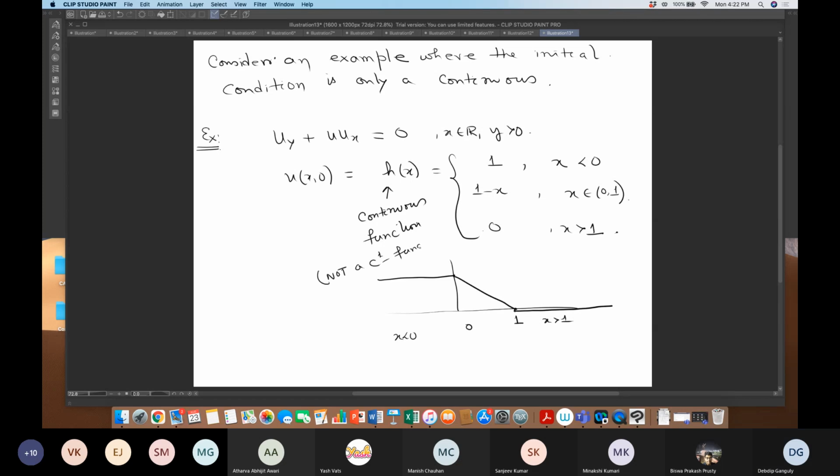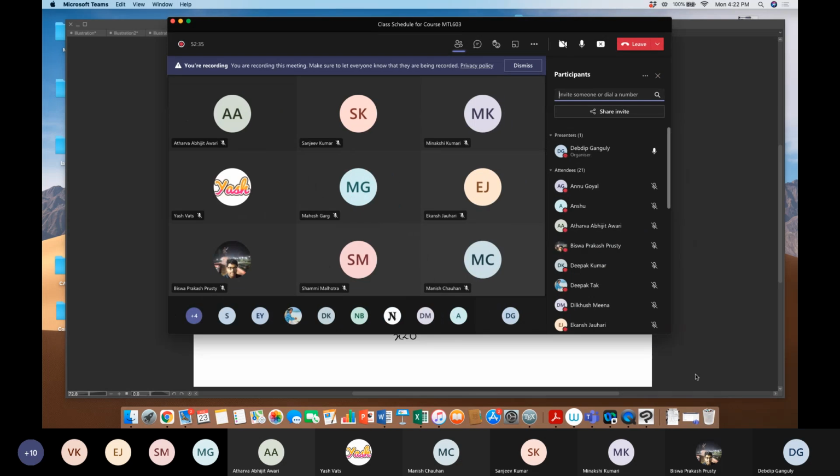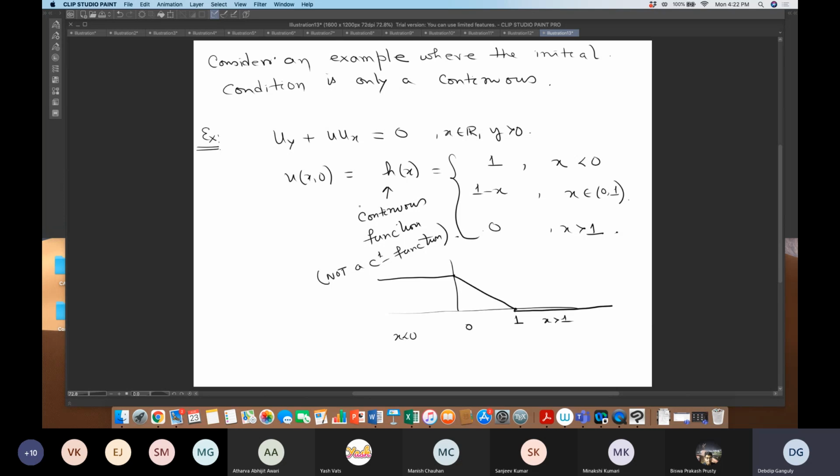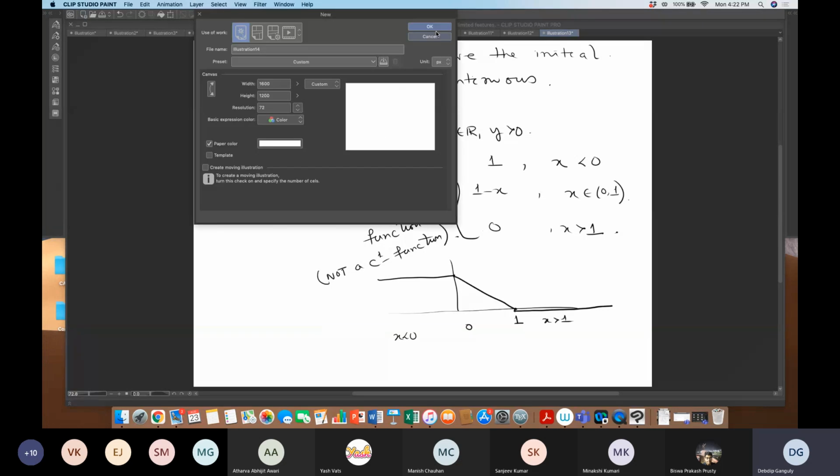Now let us solve this problem. Is the question clear to all of you? Yes, sir. Now let us see how the solution looks like, and you will see what happens to the characteristics.